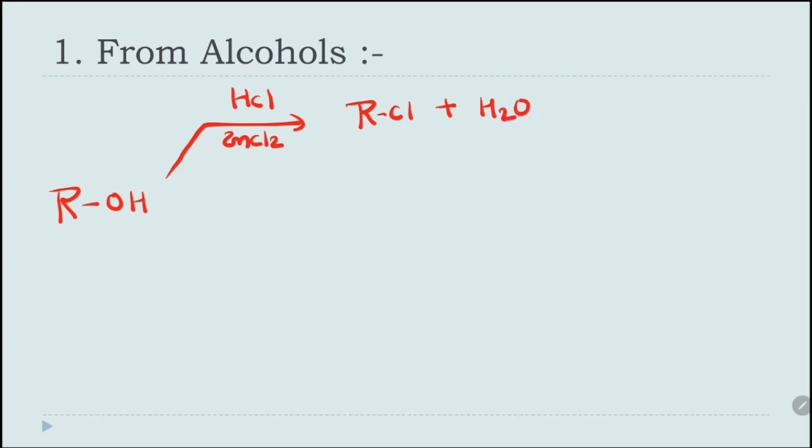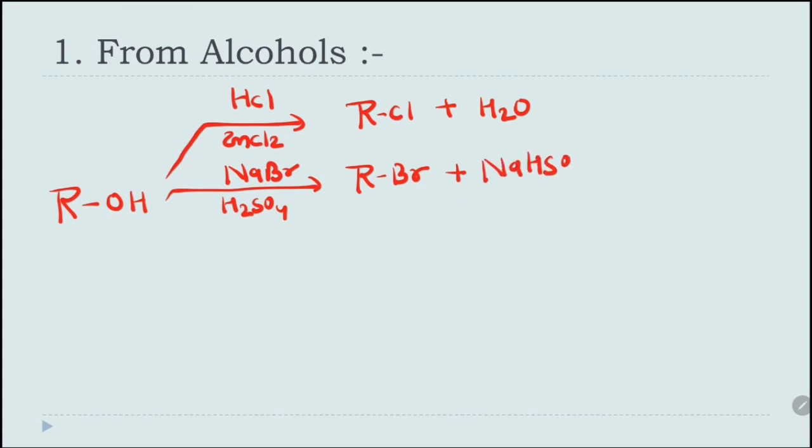Okay, then if we use sodium bromide in presence of any acid like H2SO4, here we will get alkyl bromide and the side products will be sodium bisulfate and water.